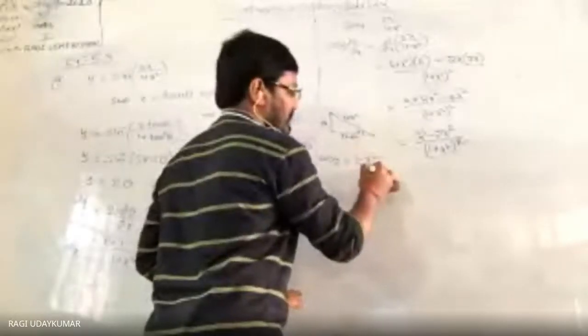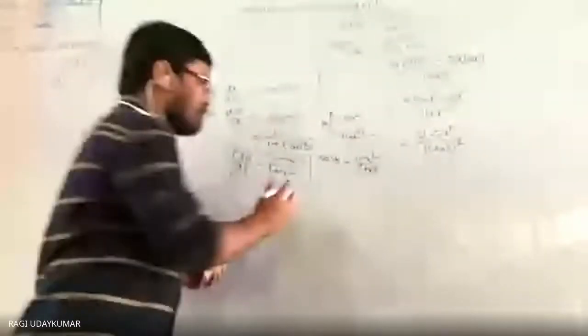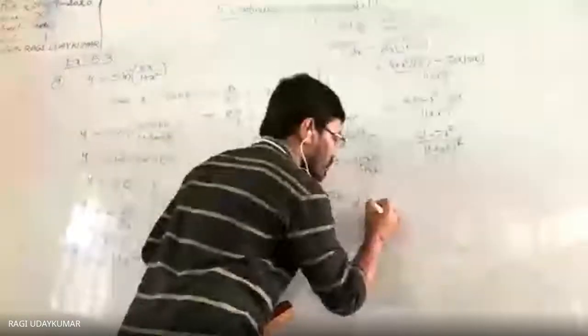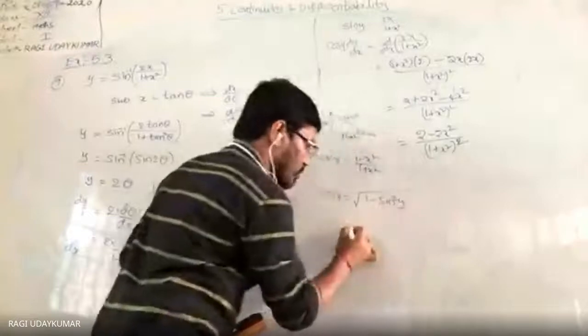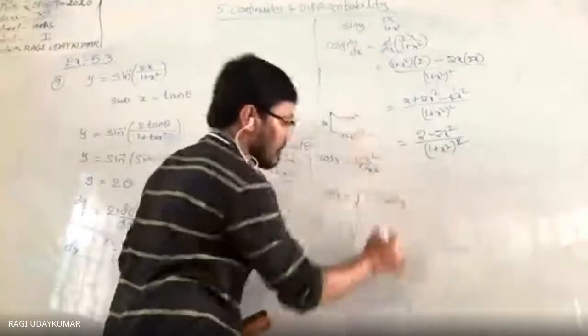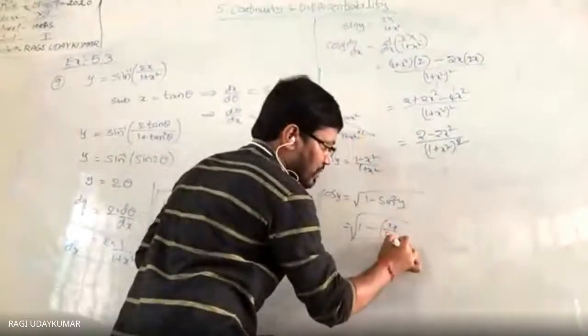Cos y is equals to 1 minus x square by 1 plus x square. If you simplify using the other formula, you will get the same thing: under root of 1 minus sin square y, where sin y is 2x by 1 plus x square.